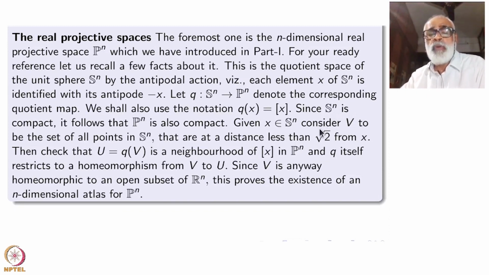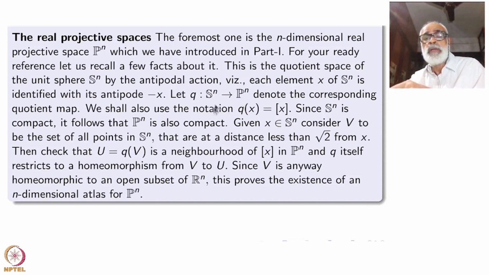Now if you take x going to minus x, y going to minus y, under that this open subset will go to a disjoint open subset. Therefore, if you restrict the map Q to V, that will be a one-one map. So V is actually homeomorphic to Q(V).